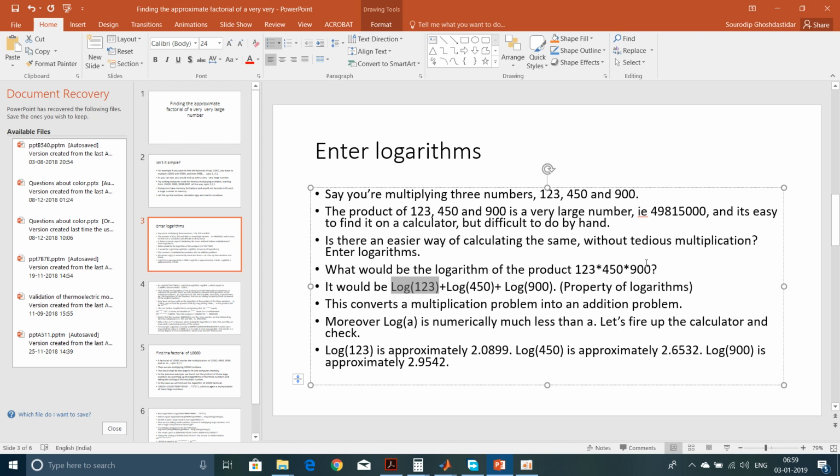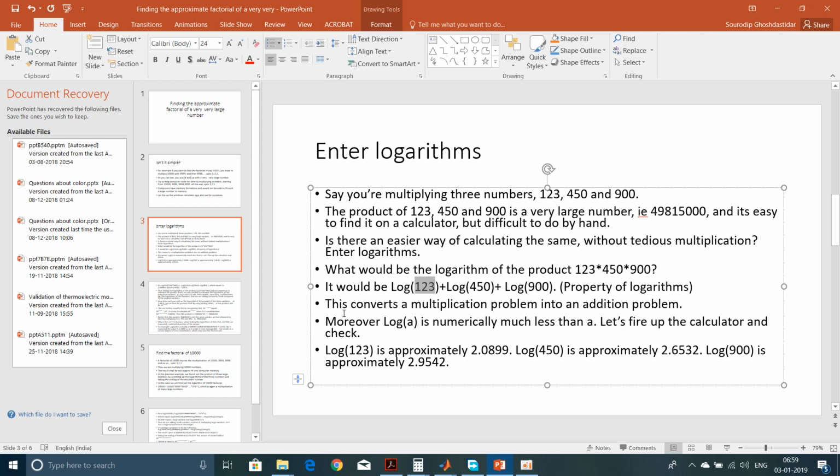If you have three numbers multiplied with each other, the logarithm of the whole large number would be the addition of the individual logarithms of the numbers which make up the product. So this would be log 123 plus log 450 plus log 900.